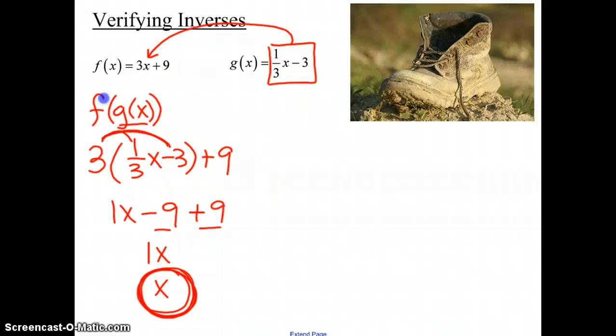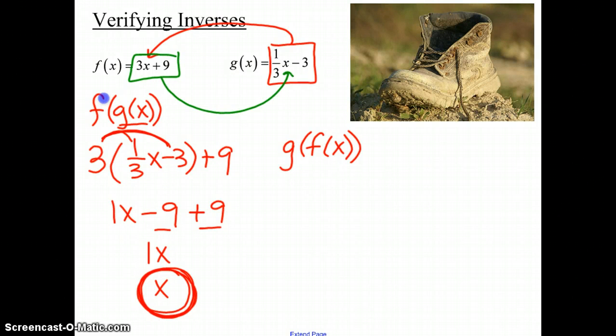But because we have to make sure they're truly inverses, we have to plug it in the other way as well. G of f of x. This time we're taking f and plugging it into g, because we start in the middle. So 1/3 of our whole function f.